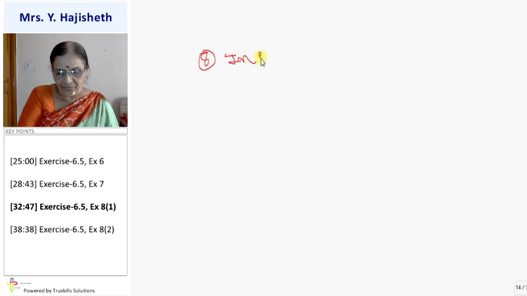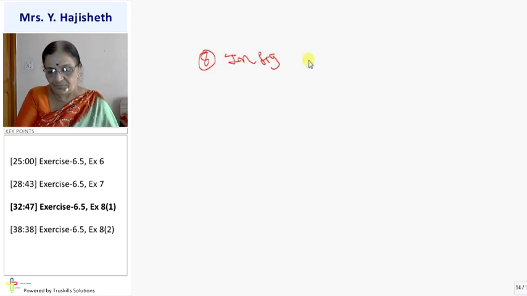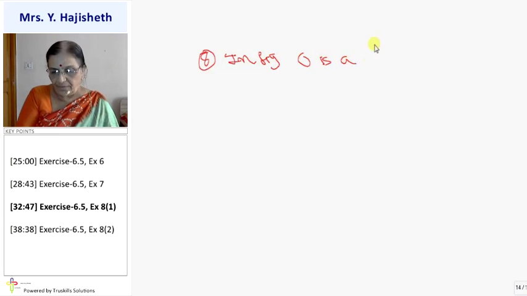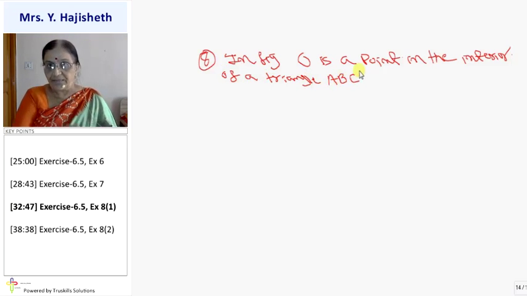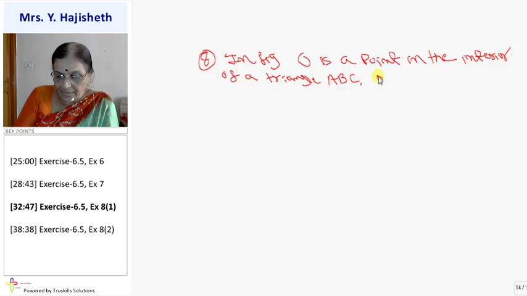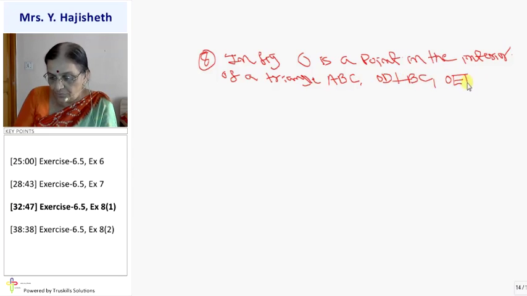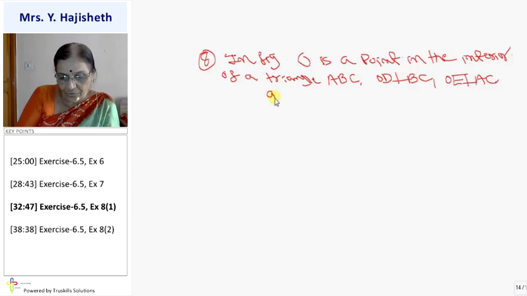Eighth sum. Given in the figure, O is a point in the interior, the inside, of triangle ABC. In the interior of ABC I took a point O, and I have drawn OD perpendicular to BC, OE perpendicular to AC, and also I have drawn OF perpendicular to AB.